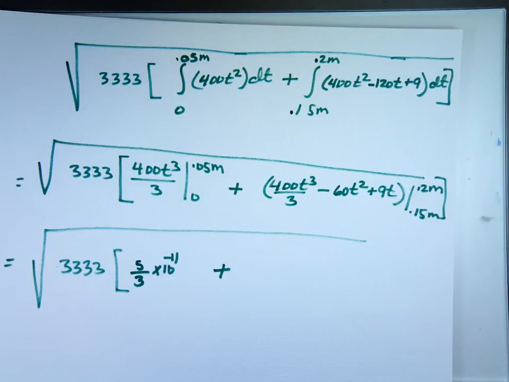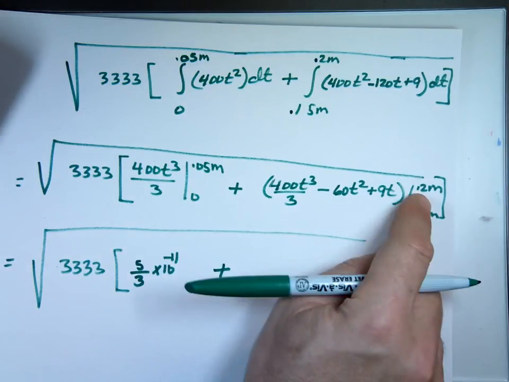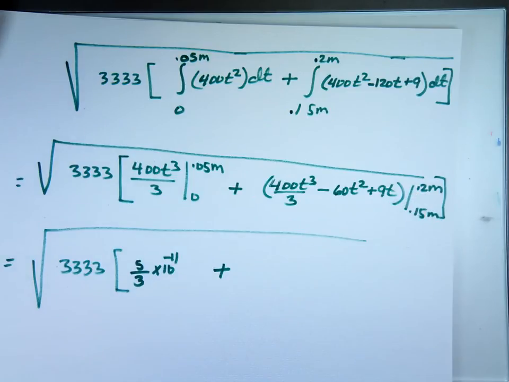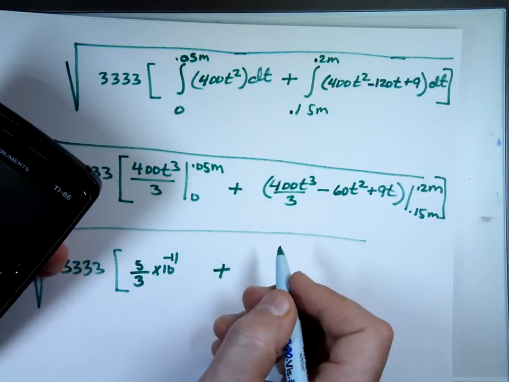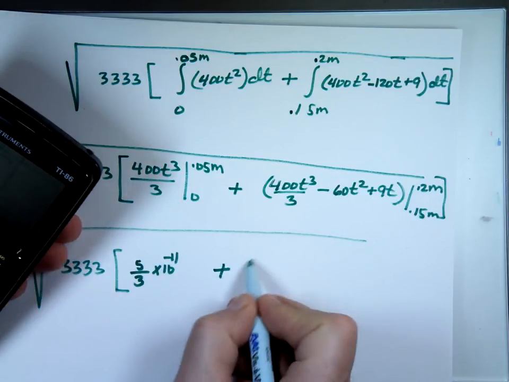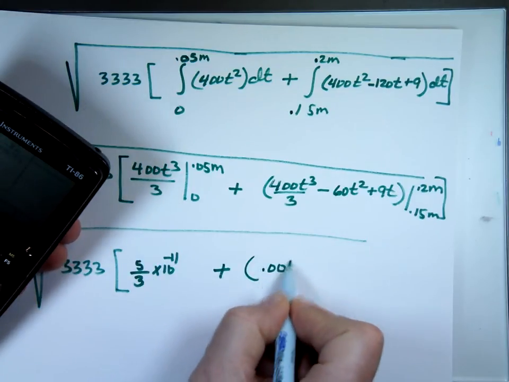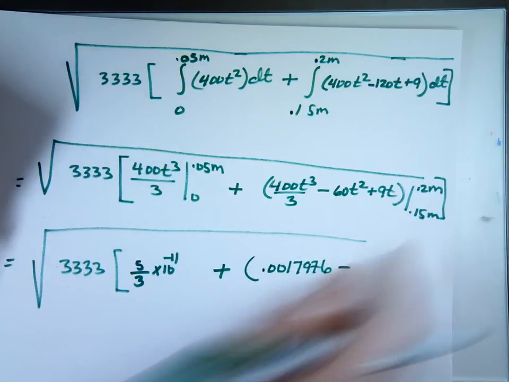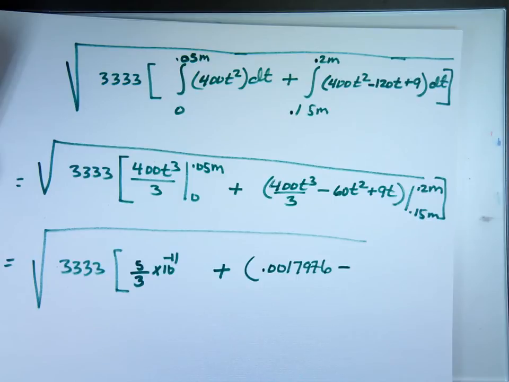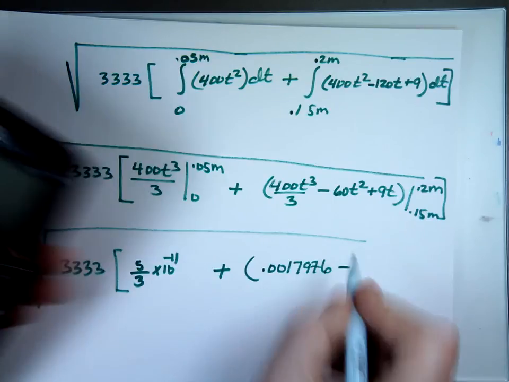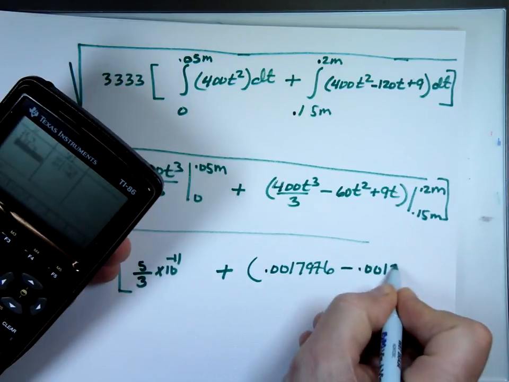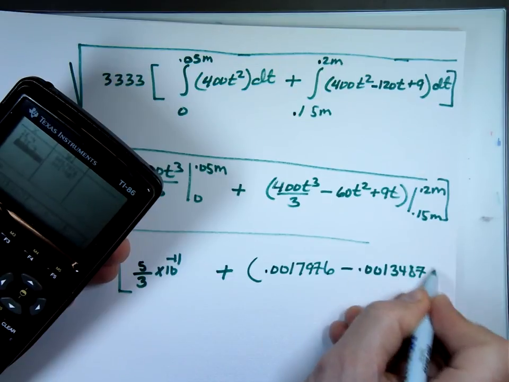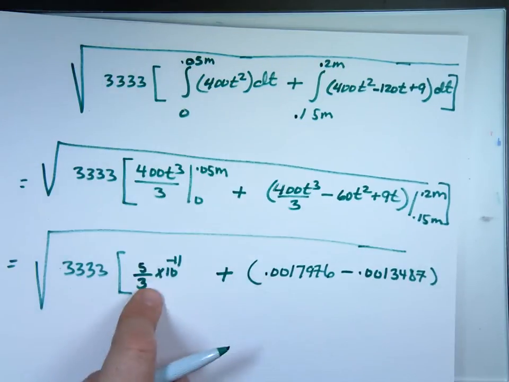Go to table. When I plug in 0.2 milli, 0.2 EE to the negative 3, I get the number 0.0017976, minus when I put 0.15 EE to the negative 3, the answer is 0.00138487. That number does not make any sense. Let me try it again. The first number.